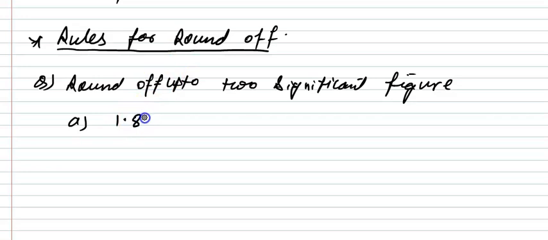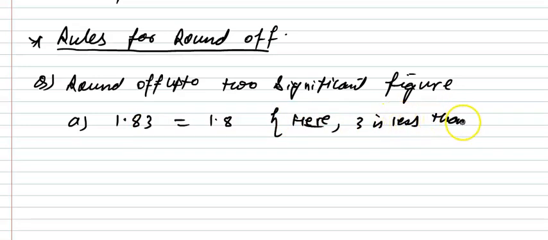Let us take the number as 1.83. Now we have to round off, so it becomes 1.8. The reason is that 3 is less than 5. If the number is less than 5, it is rounded down.